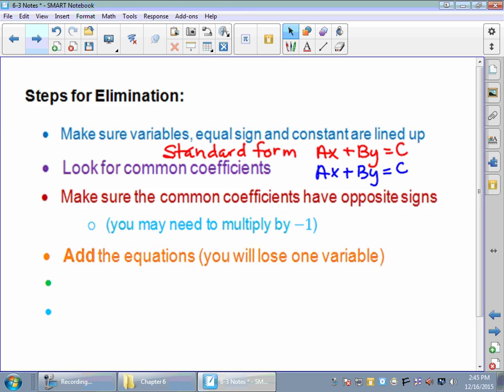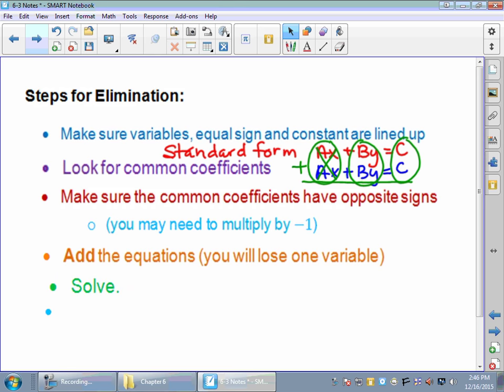We're going to add the equations. Okay, we're going to simply do good old-fashioned elementary addition of these two equations. So we will add the x values together. We'll add the y values together, and one of them will eliminate because of that common coefficient. So it'll eliminate one of the variables, and then we'll also add the constants together. As long as we do this consistently, we're not breaking any rules.